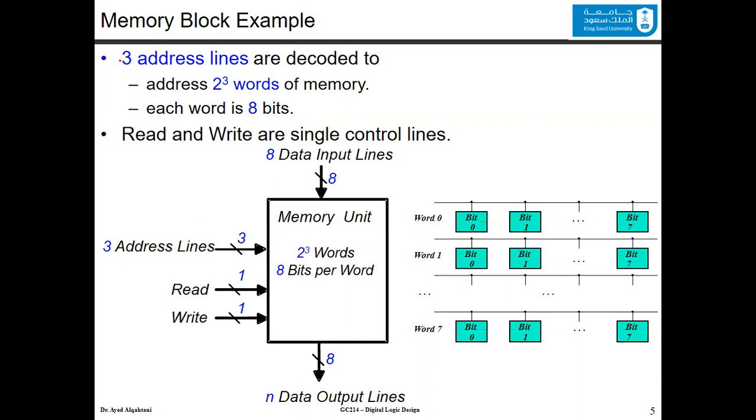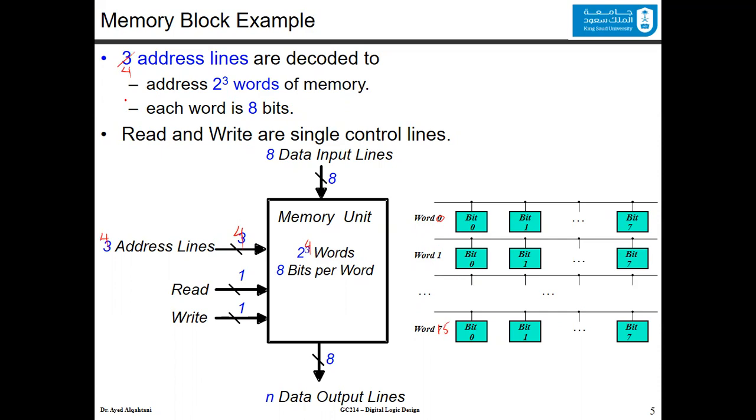If we change 3 address lines to 4, this means you will have 4 address lines here, and you will have 2 to the power of 4 words, which means you will start from word 0 up to word 15.